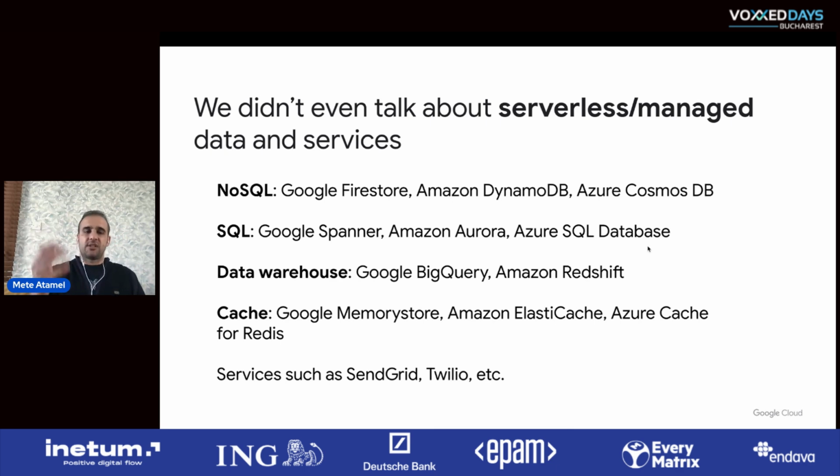There's caches like Memory Store or Azure Cache, and there's services such as SendGrid, Twilio, that let you send emails or make calls. So again, you still don't need to worry about setting up a VM to send an email or anything like that.